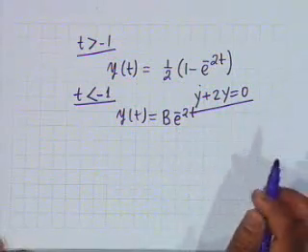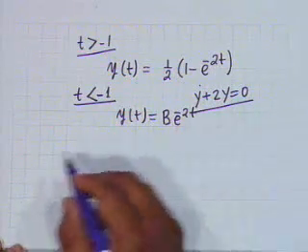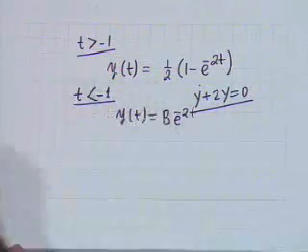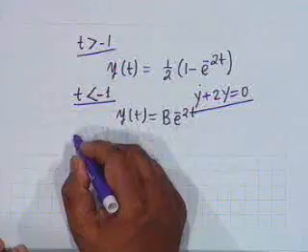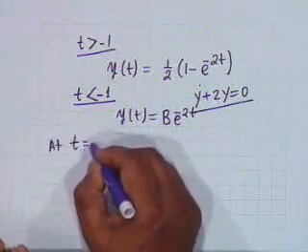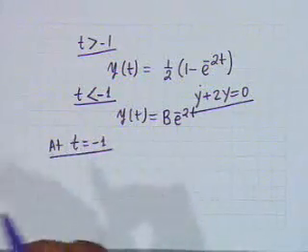To be able to evaluate b, you notice that at t equal to -1, the two solutions must be equal. We have already utilized the initial condition once. We cannot utilize it again.